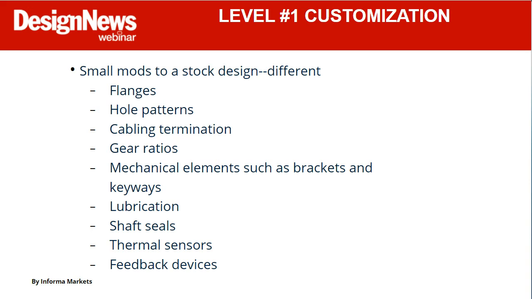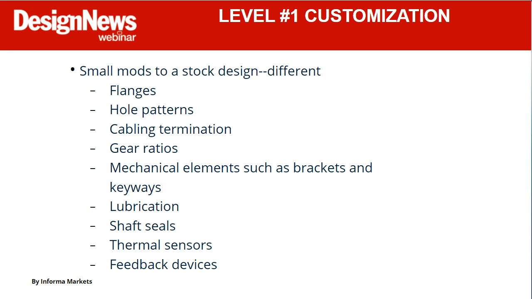So customization exists at a couple of levels. There's the obvious and easy stuff that can still make a difference. Changes in hole patterns, you want cabling terminations, you want to add a keyway or a bracket or a flange, need to change the shaft seals, you want a different feedback device, whether it's resolution or type, anything like that.